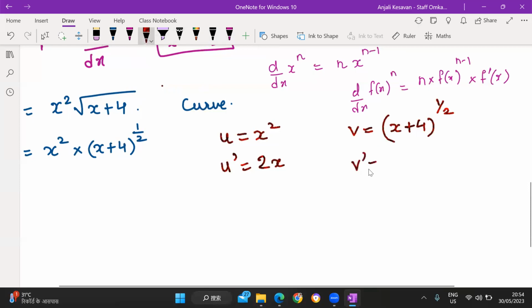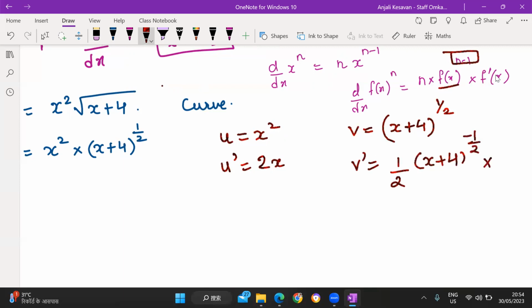So v prime will be power half times x plus 4. What happens to the power now? n minus 1. So half minus 1 will be negative half times, what is the derivative of this whole function? Just this function. Derivative of x is 1. Derivative of positive 4 is 0. So 1 plus 0.